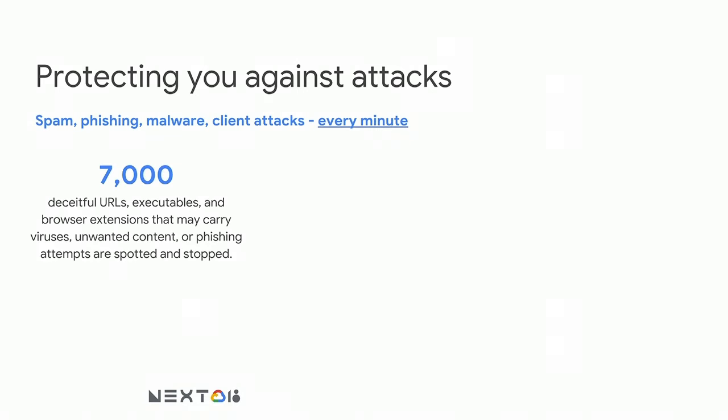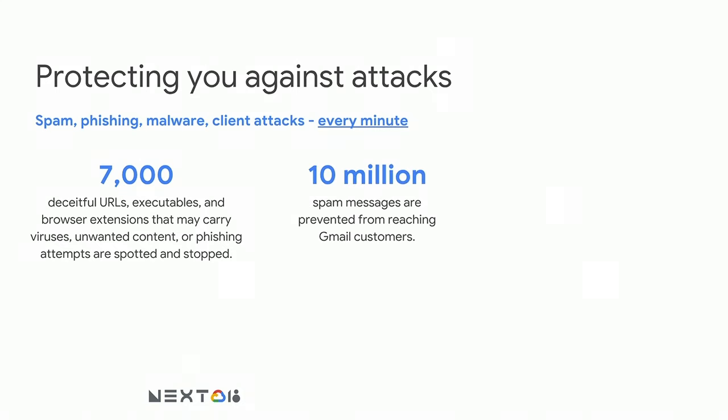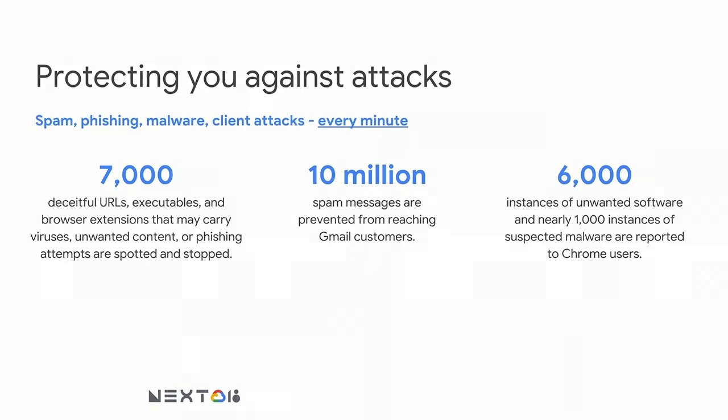So first of all, we have a team, the Safe Browsing team, which is finding over 7,000 deceitful URLs, executables, browser extensions. These are bad things on the internet that we're finding every minute and protecting you from. Every minute, over 10 million spam messages are blocked from or put into the spam folder in your Gmail inbox.